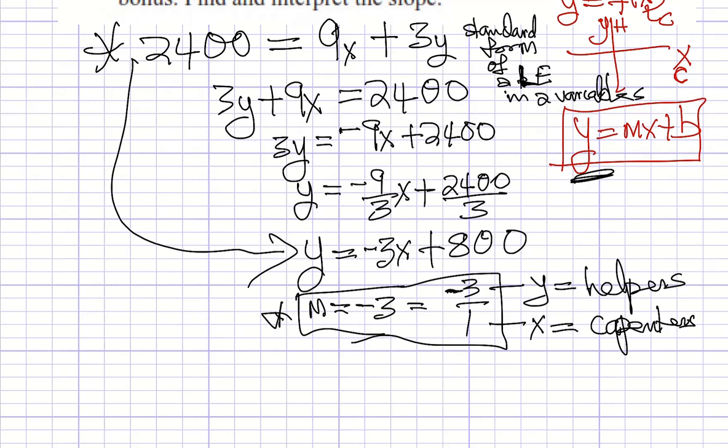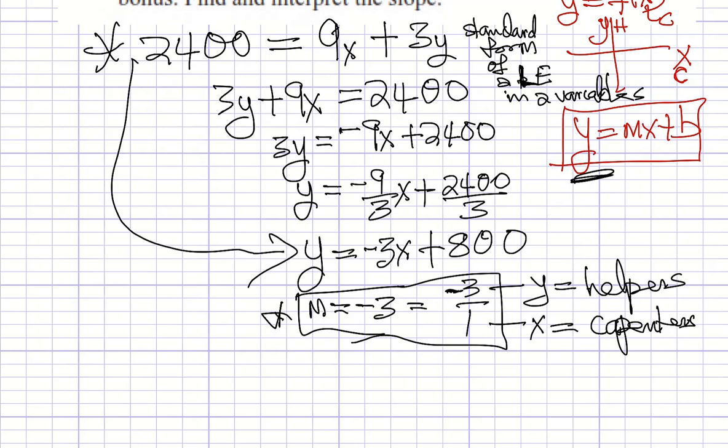You could put it any way you want, but that's the best way to put it. So if the carpenters get $1, the helpers get $3 less. That's all that means, right? You can't read it more than that.